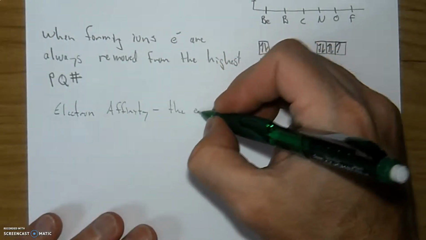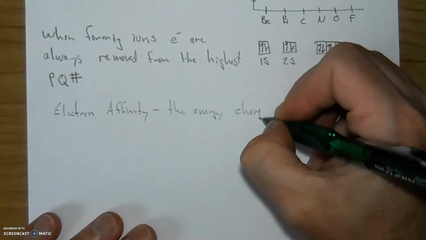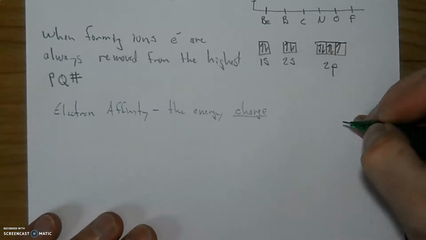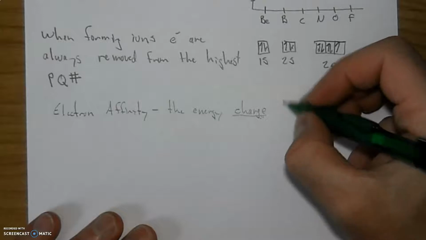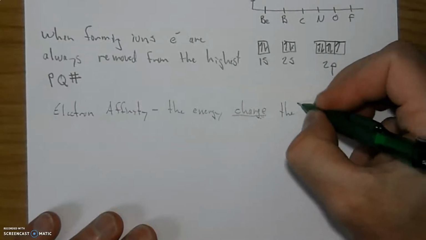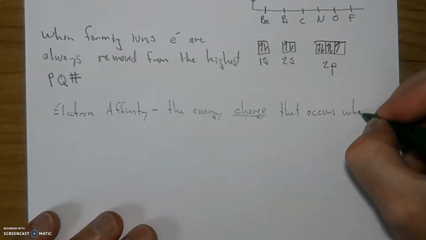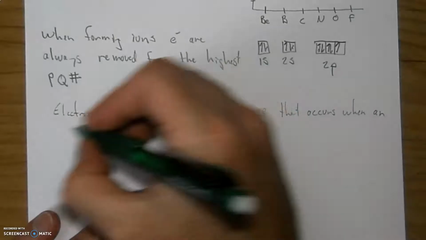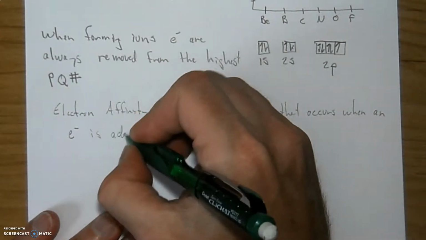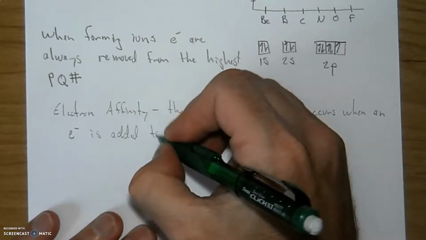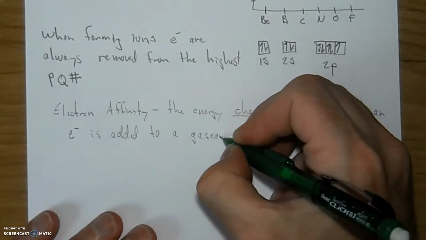It is the energy change that occurs when an electron is added to a specifically gaseous atom. That's the key difference between this and the previous ionization energy change.